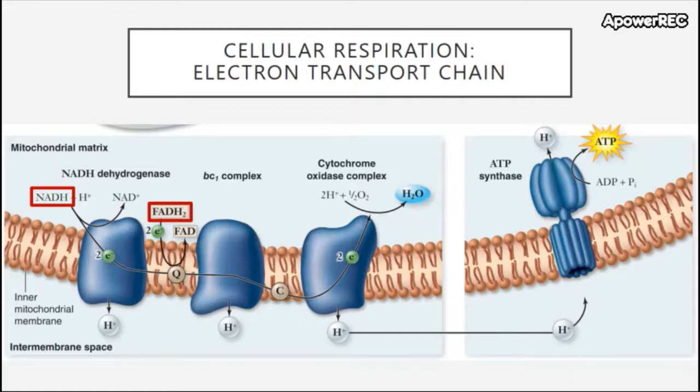And your oxygen reacts with the electrons in the electron transport chain and two protons in order to create water. And what is all this process for? Eventually it is used to produce ATP, and it produces a massive quantity of ATP. We're looking at 34 ATP from the one glucose molecule alone.